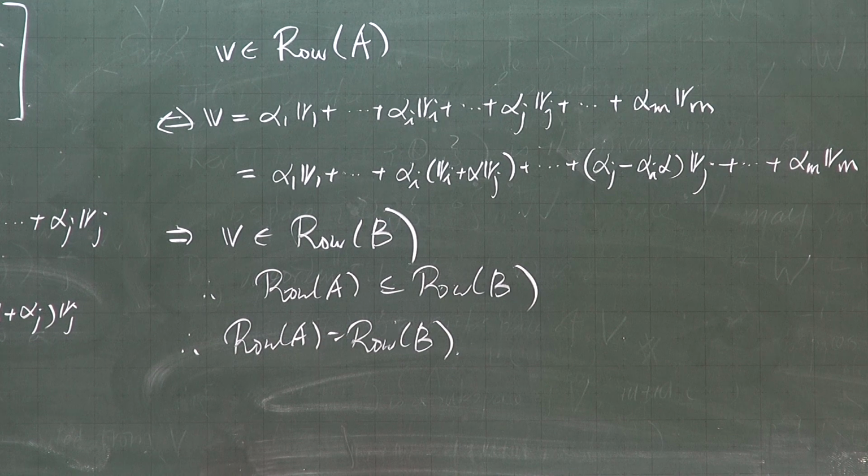The second case is about scaling. B is obtained from A by scaling the ith row of A with alpha.